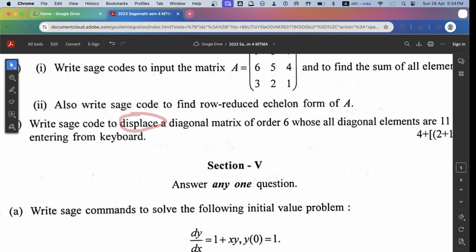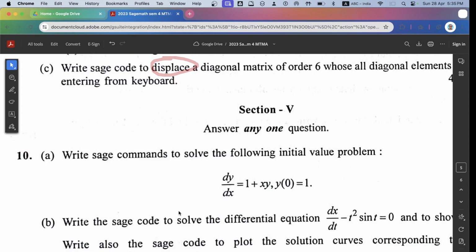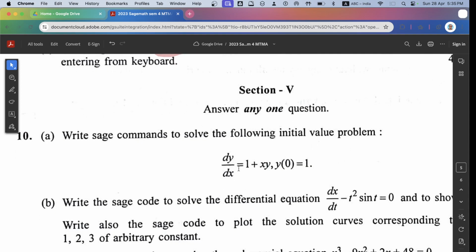Section 5. Question 10a. Write a Sage command to solve the following initial value problem: dy/dx equals 1 plus xy, y(0) equals 1.